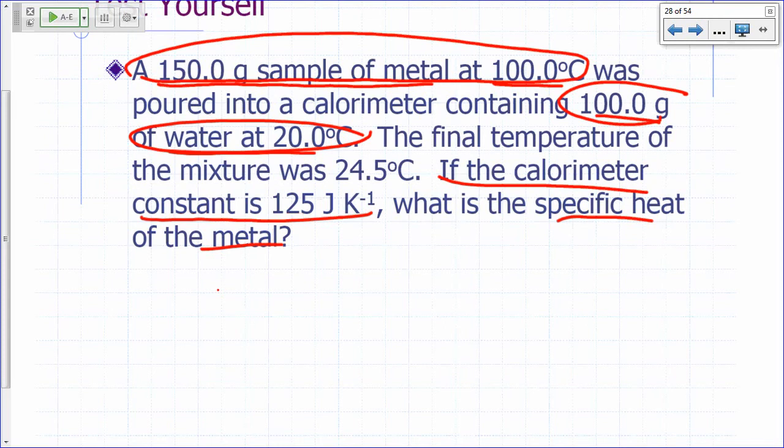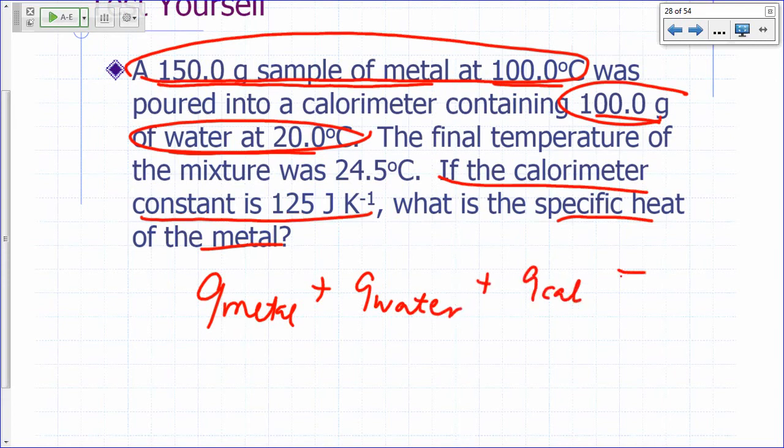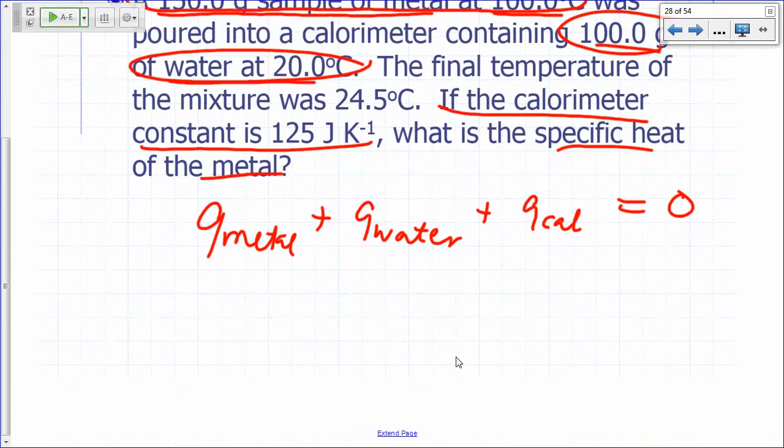So what should we do? You say Q metal plus Q water plus Q cal is equal to 0, right? It's a basic equation in calorimetry. All the Q's add up to 0 because in calorimetry, your calorimeter is insulated. So what is Q cal? Q cal is C cal times delta T cal.